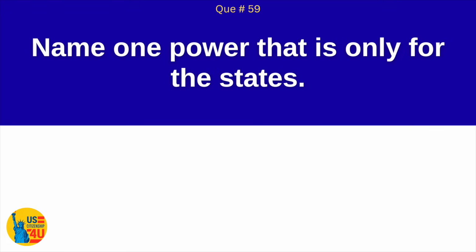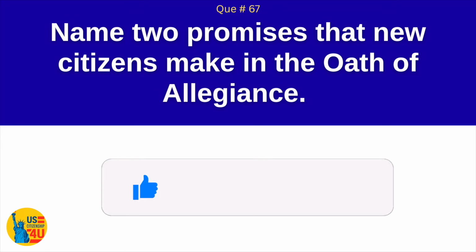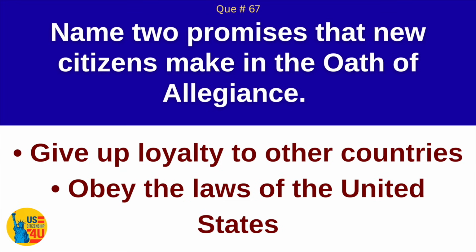Name one power that is only for the states. Provide schooling and education. Name two promises that new citizens make in the oath of allegiance. Give up loyalty to other countries. Obey the laws of the United States.